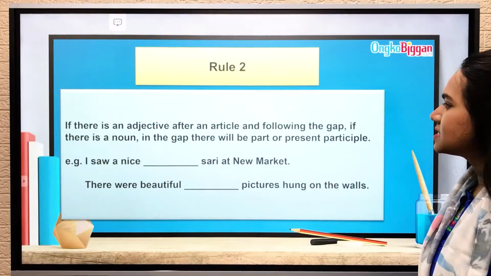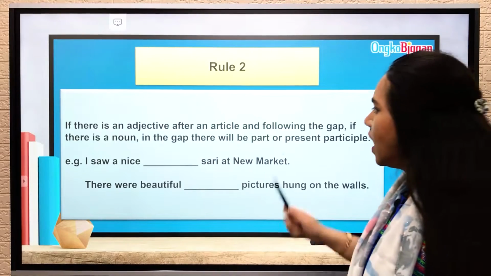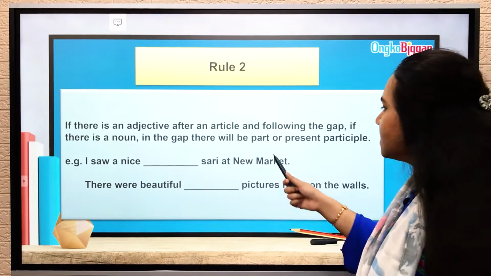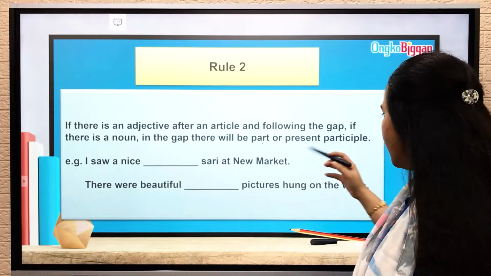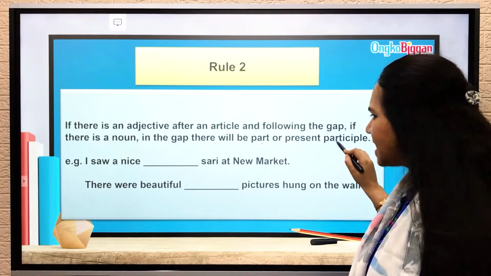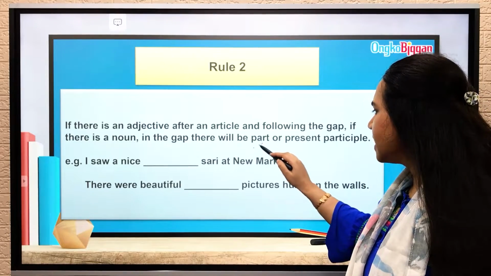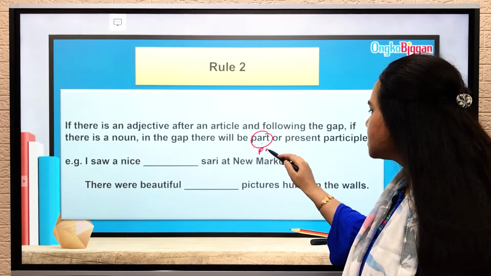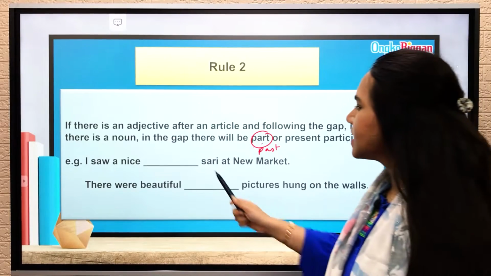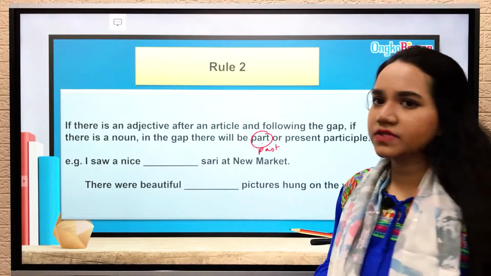Let's see next. If there is an adjective after an article and following the gap, if there is a noun, in the gap there will be a participle, the present participle or the past participle. So there has to be a past participle or the present participle whenever there is an adjective right after an article.